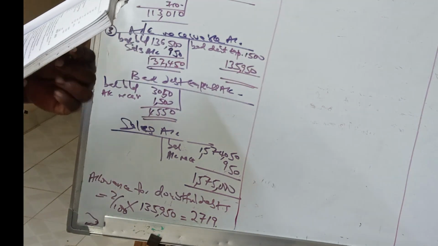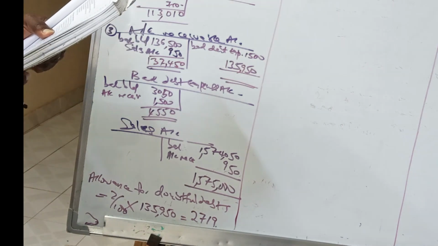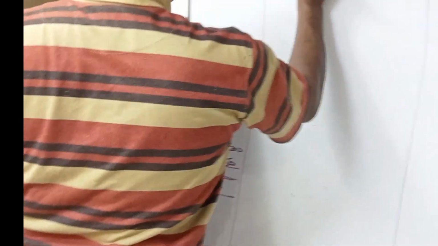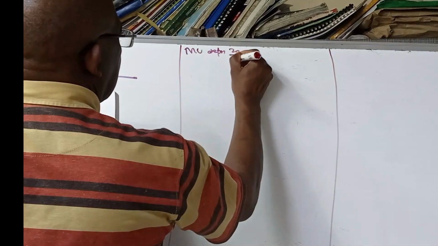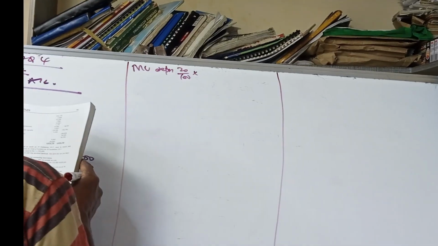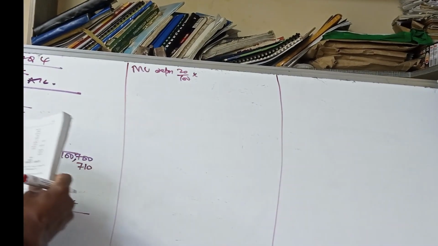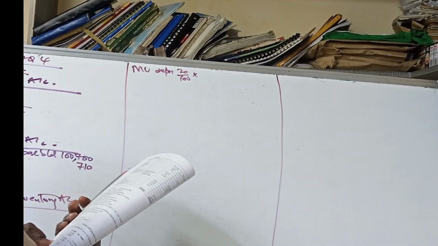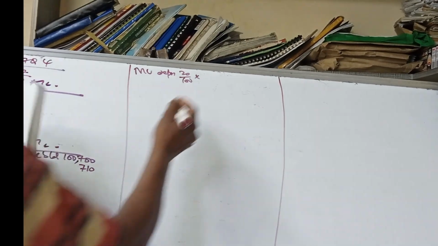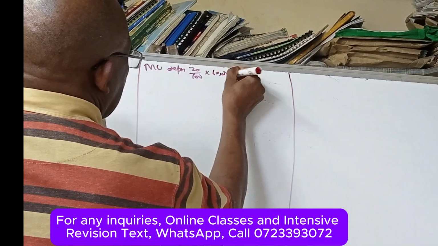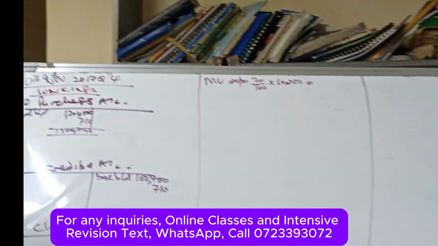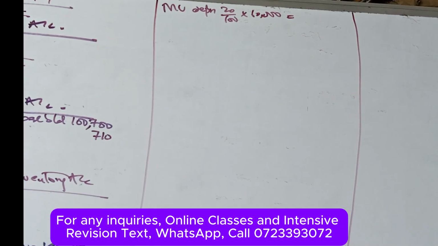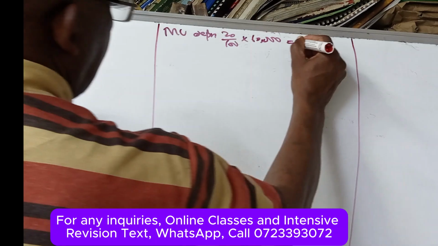Number 5, we are told depreciation on motor vehicle at the rate of 20% per annum. So 20% per annum on cost, on original purchase cost. Our motor vehicles from the trial balance is 60,000. 0.2 of 60,000 is 12,000.